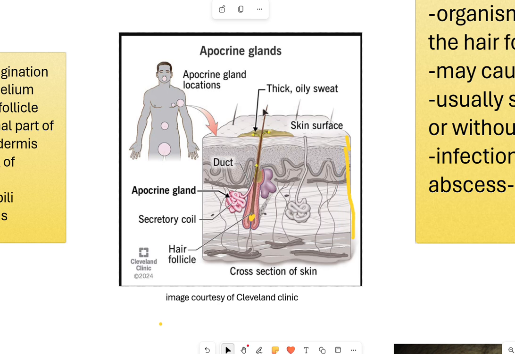So the hair is the invagination of the keratinized part of the epidermis into the dermis, and this is the bulb of the hair follicle. This bulb has got a network of capillaries which supplies the hair shaft.